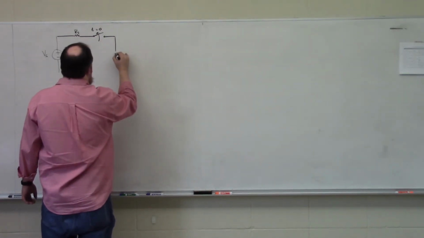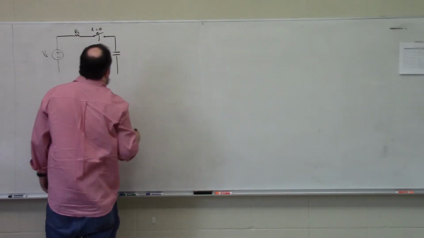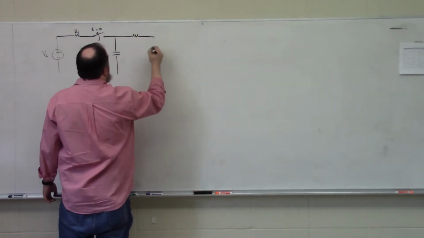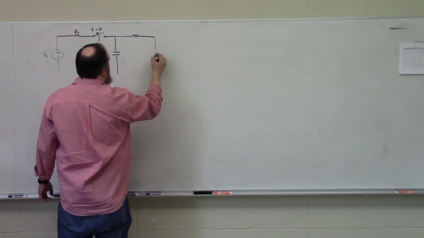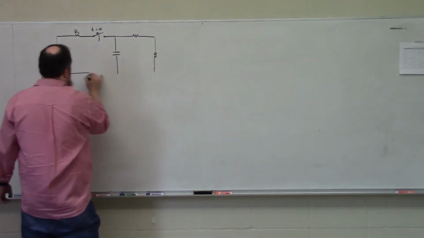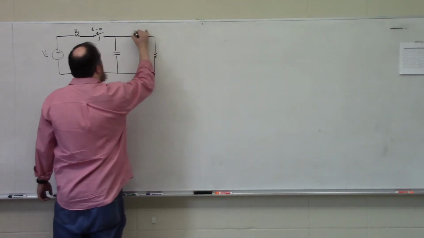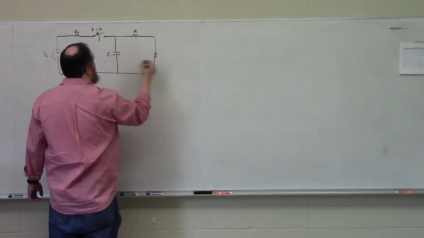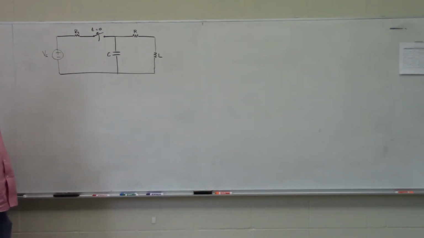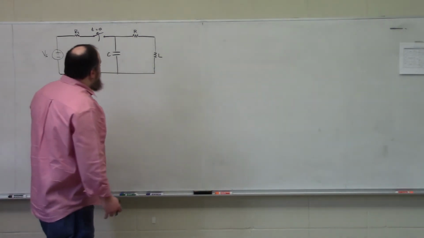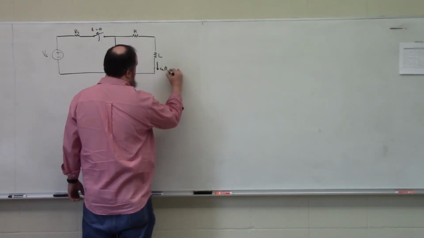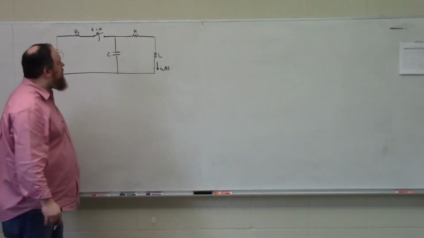That switch is again going to open at t equal to 0. And we're now going to have a network where our resistor, capacitor, and inductor are all connected in series. So I'm going to define the inductor current as flowing down.